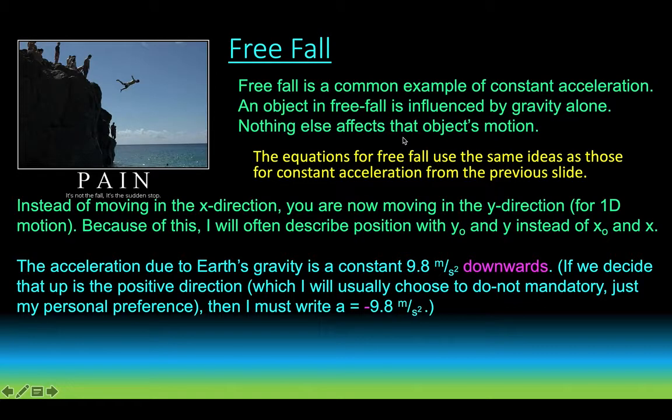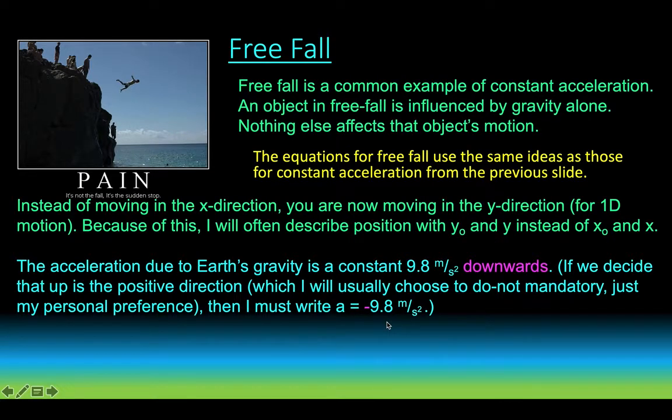Now, I have downward highlighted because if we decide that up is the positive direction, and this is something I like to do, there is no fundamental reason why I must choose up to be the positive direction, but I like to say up is positive. So if we choose up to be the positive direction, and I remember Earth pulls us downward, then the acceleration due to Earth's gravity will be negative 9.8.